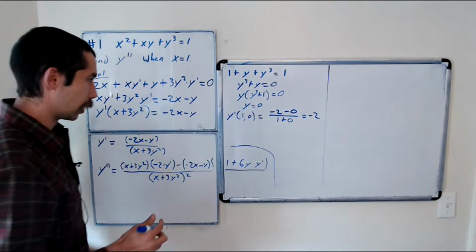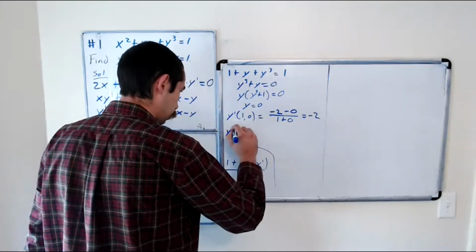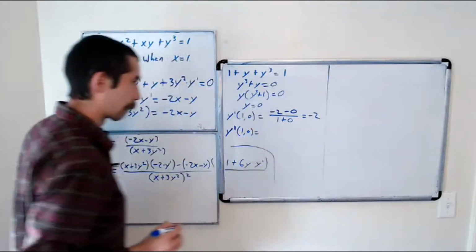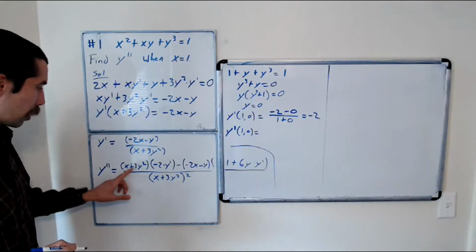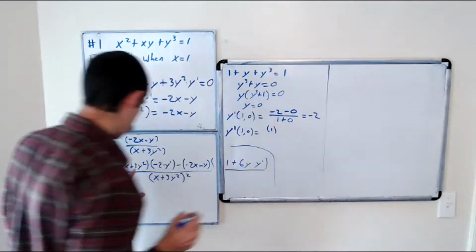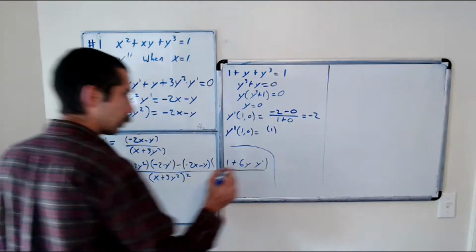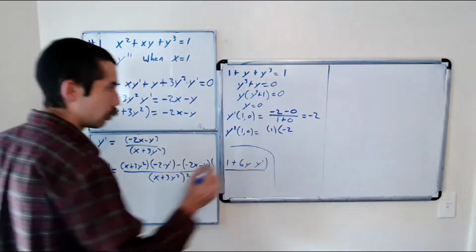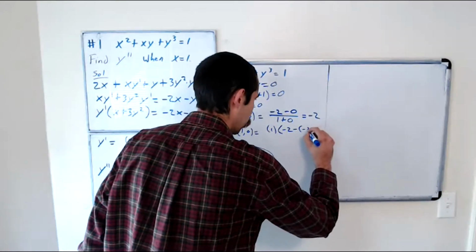Okay, and so let's just do that. Okay, so x equals 1, y equals 0. So that's going to be 1 plus 0 times negative 2 minus y prime, which is also negative 2.